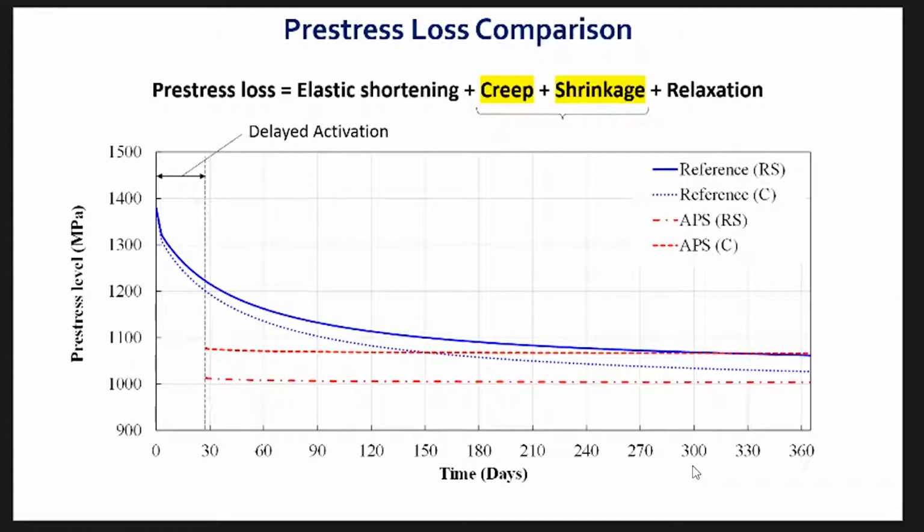So we release the wires within a day, 2 or 3 or so. The concrete is still fresh, still young, and that actually causes a lot of creep and shrinkage over time, which leads to excessive pre-stress losses. Unfortunately, we cannot avoid that. Otherwise, we have to slow down production, which is not a good thing, of course.